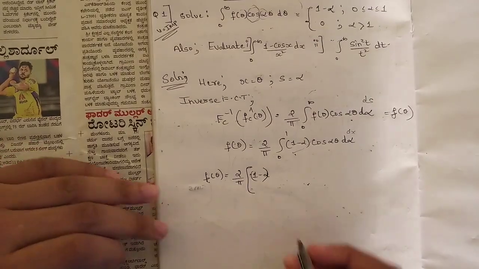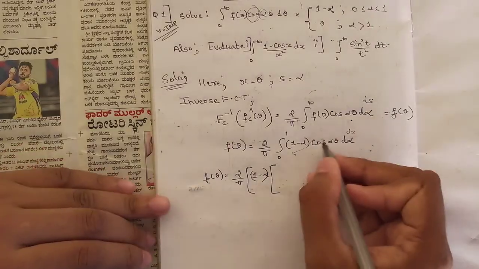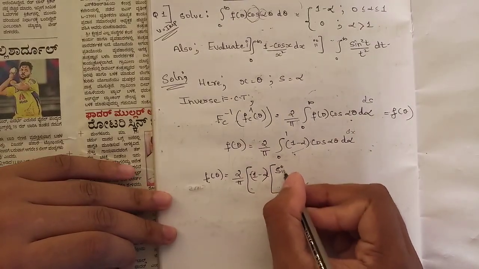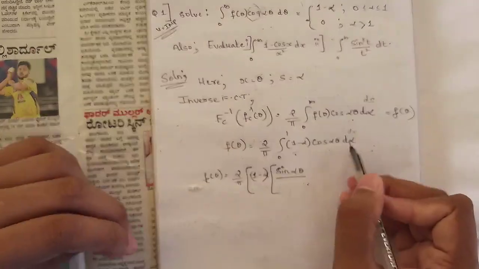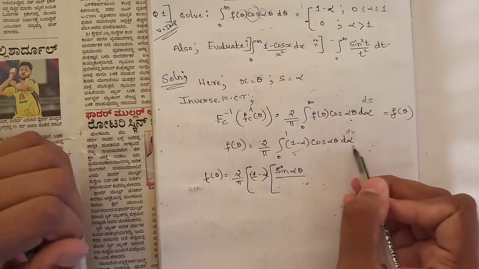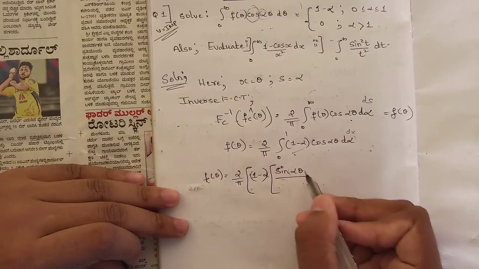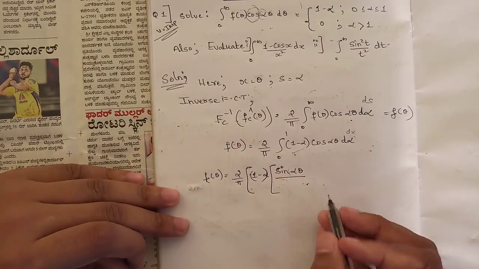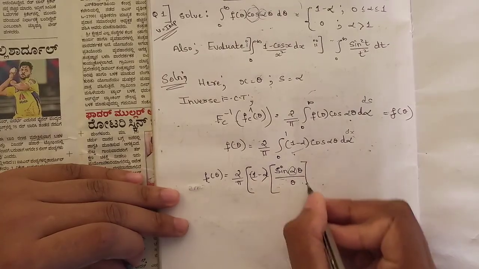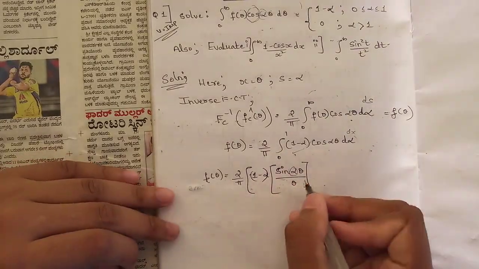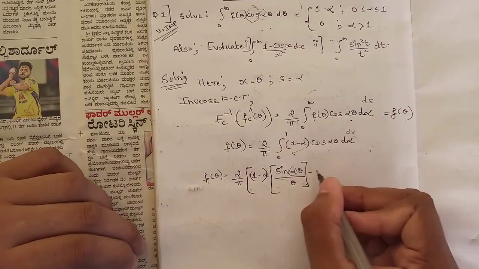Into the second function, that is cos alpha theta, the integration of cos is sin alpha theta divided by the coefficient of alpha, not theta, since the parameter is d alpha. The coefficient of alpha is theta here, so we write it as sin alpha theta by theta. Minus, the differentiation remains the same again.